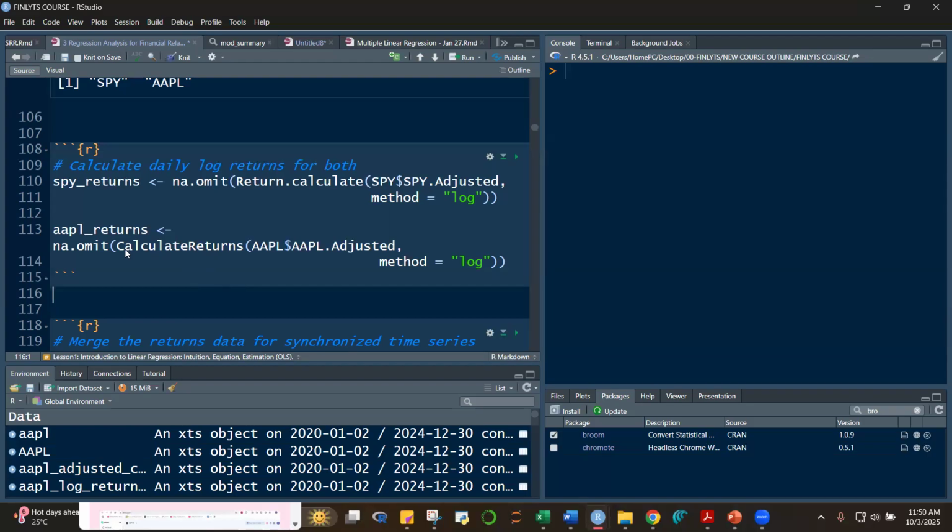Notice it's capital C, capital R for CalculateReturns, and Return.calculate is small c. Last time we also used dailyReturn, small d, capital R, but that's coming from quantmod. The difference between Return.calculate and dailyReturn is that dailyReturn will generate a 0 return in the first row. This one will generate an NA, which is more realistic and theoretically correct, because there's no prior value.